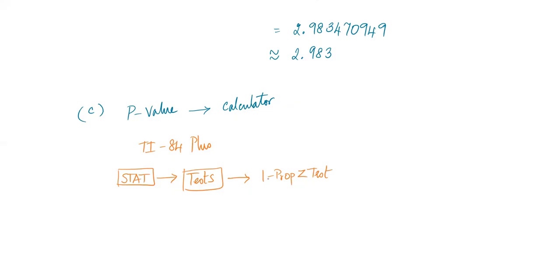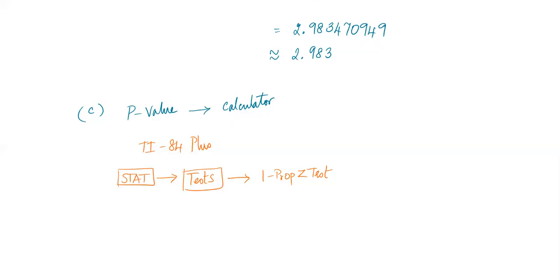If you recall, if you move down to step 7, it says Z interval and T interval, and then if you go down, it says 1 prop Z interval. That is what we use to find our confidence intervals.